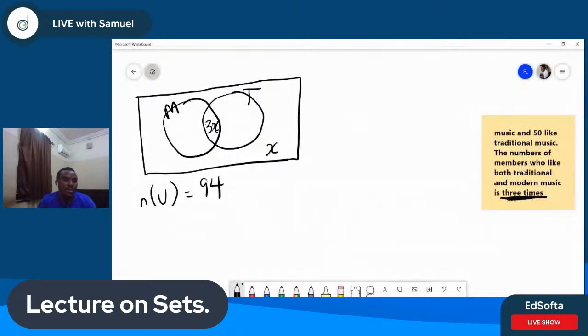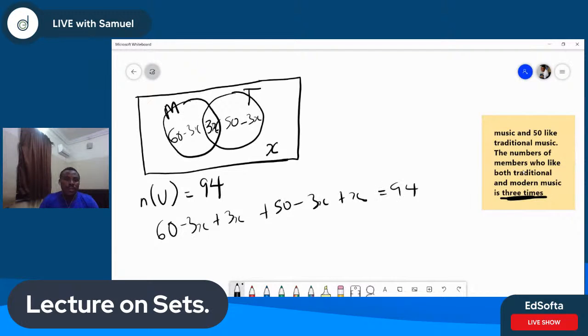So now, here will be 60 minus 3x, and here will be 50 minus 3x. So what do we do? Same thing that we've been doing: 60 minus 3x plus 3x plus 50 minus 3x plus x is equal to 94.